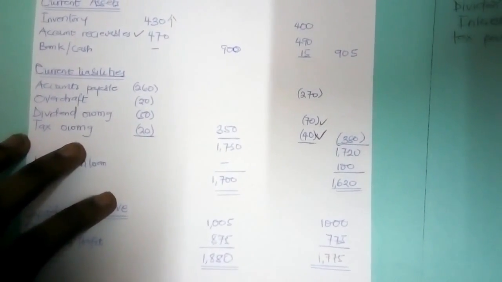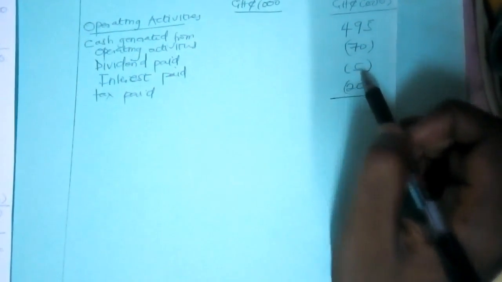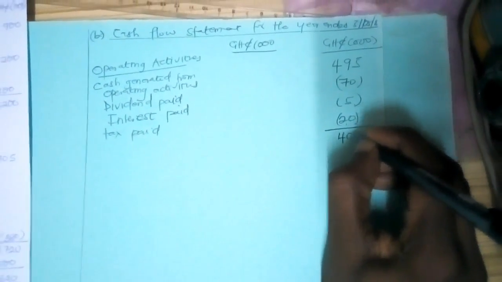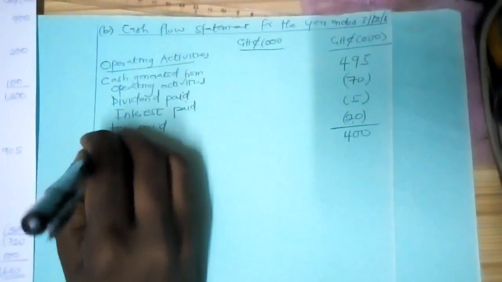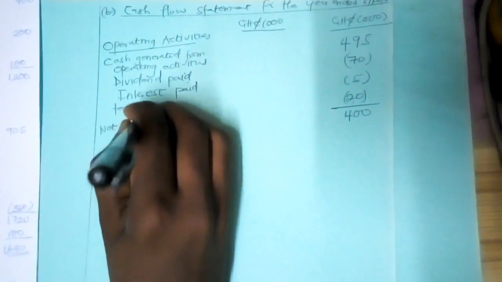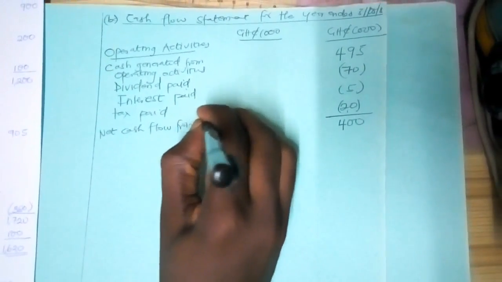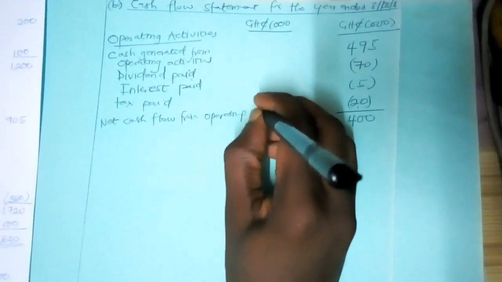So we subtract 20 from it. So we subtract 70 plus 5 plus 20 from 495, and we are going to get 400. So this is the net cash flow from operating activities.